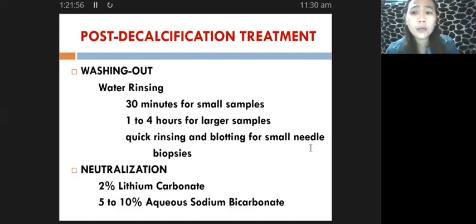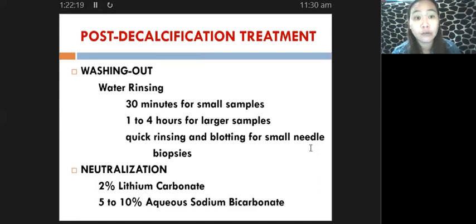Otherwise, there will be unwarranted exposure of your tissue sample to your acid solutions or decalcifying solutions. So how do we remove them?